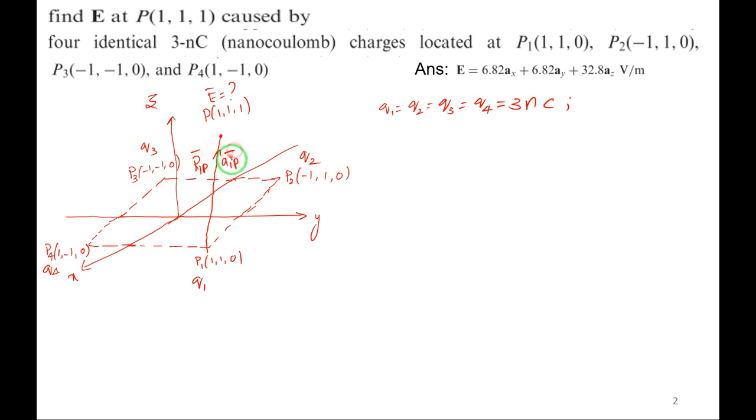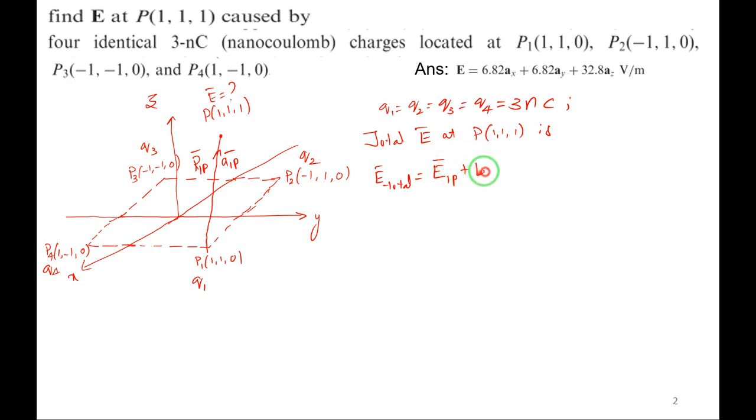Similarly, from the second charge, R2P, from 3, R3P, from P4, R4P. The total electric field intensity at point P(1, 1, 1) is given by E total is equal to, first, due to the charge placed at point P1, let me call it E1 to P.